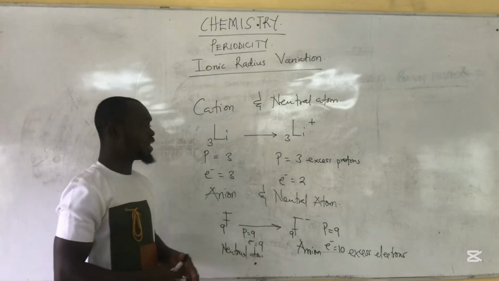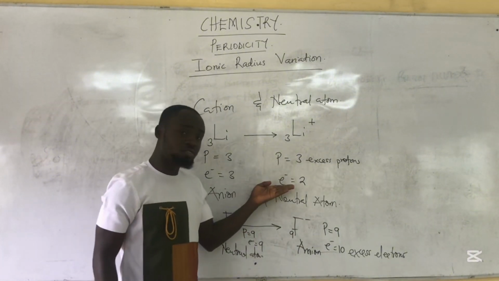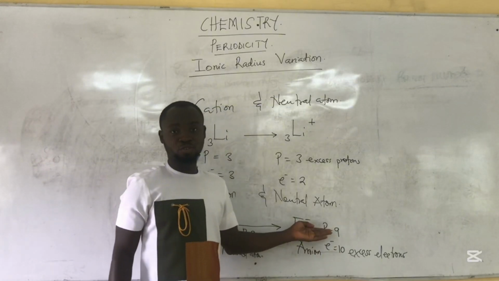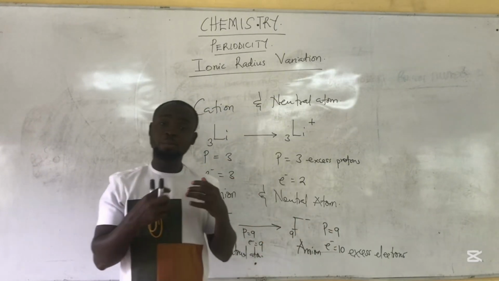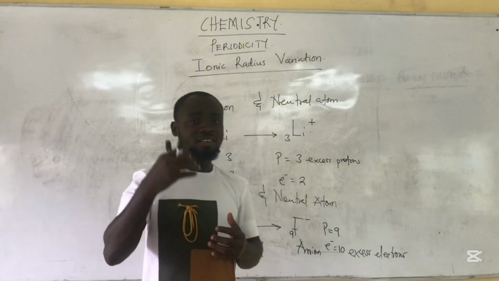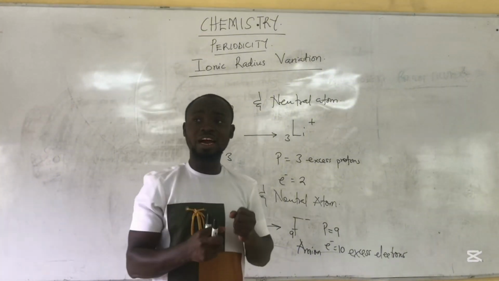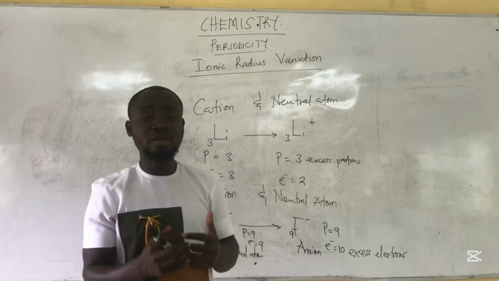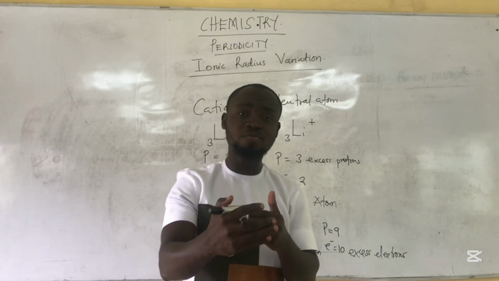So for the cation, they have excess protons against the electrons, but for anion, they have excess electrons against the protons. And whenever the proton is in excess against the electron, nuclear attraction will increase. And whenever nuclear attraction is increasing, it means that the radius of that species becomes very small.